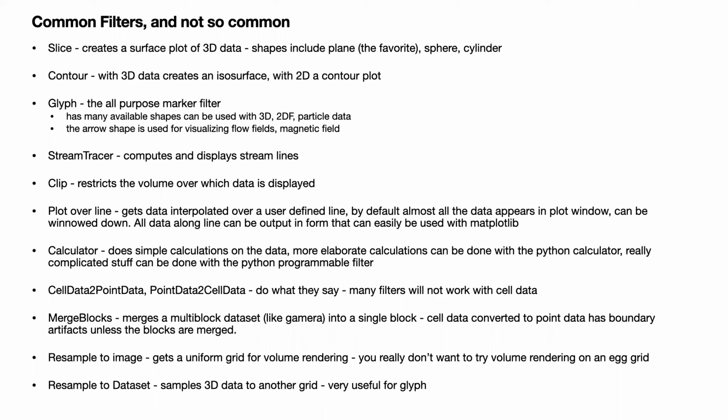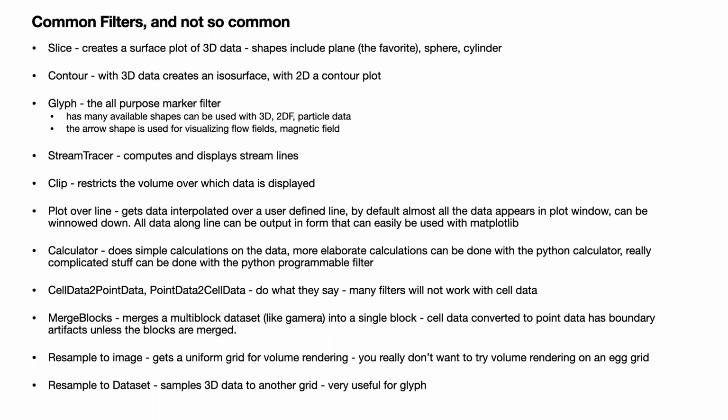A couple of things that are useful to know about. One is resample to image. It gets you a uniform grid for volume rendering. In theory, ParaView will volume render on any grid.